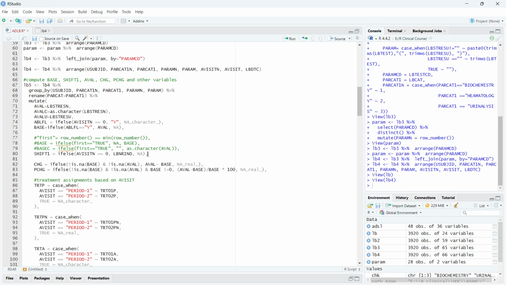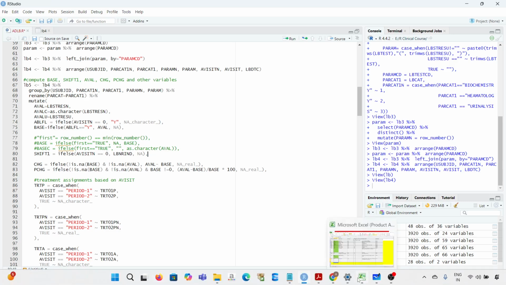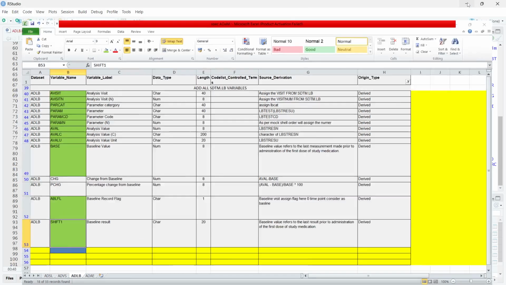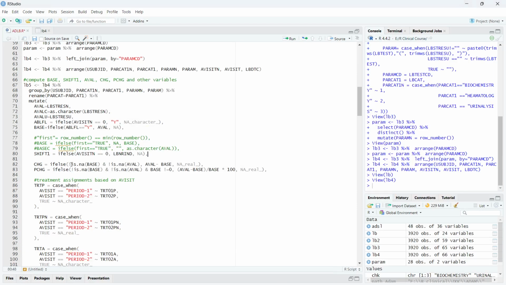Okay, so then we continue with other variables, that is change. Done. So we have change and percentage change from baseline. This is simple math, nothing but eval minus base, and the formula for percentage is eval minus base divided by base into 100. So these two have to be done. Here we have to consider if base is not equal to missing and eval is not equal to missing, then we give eval minus base, else missing.